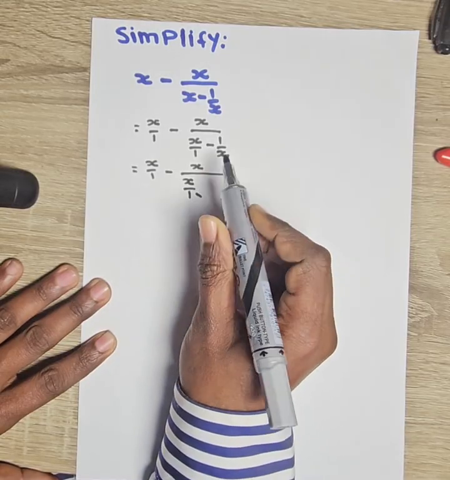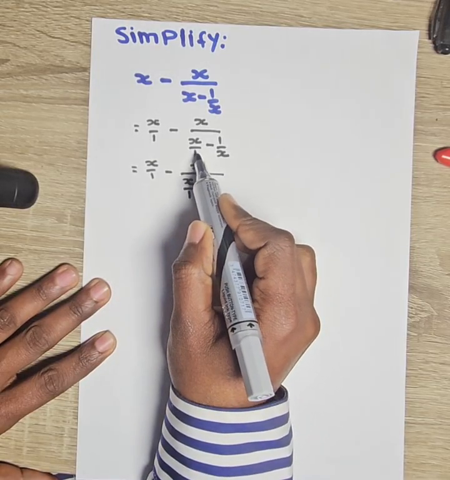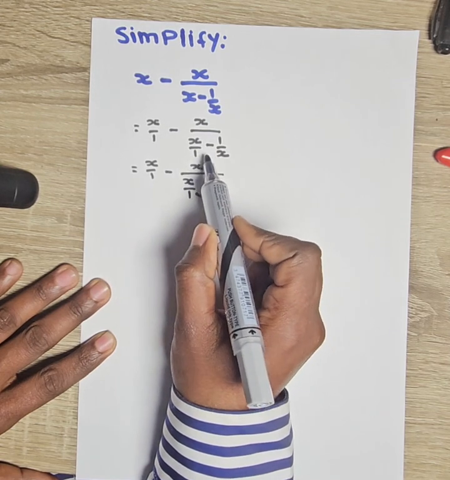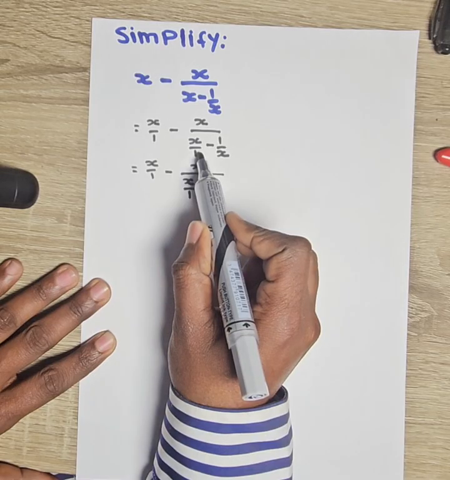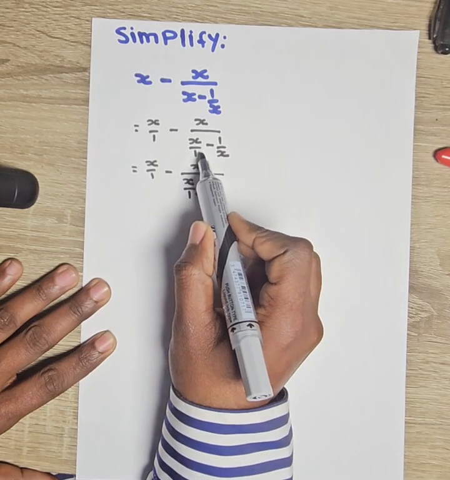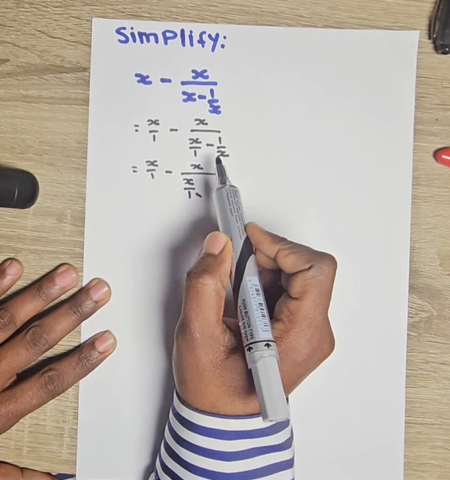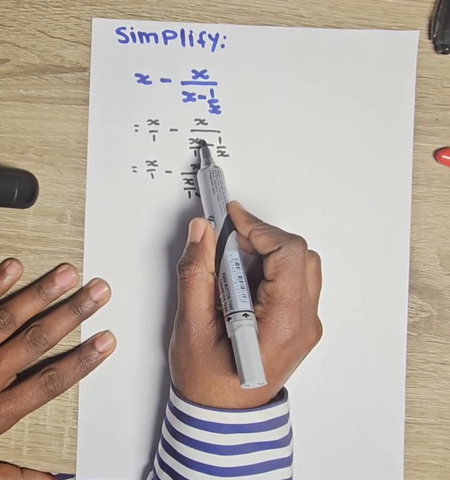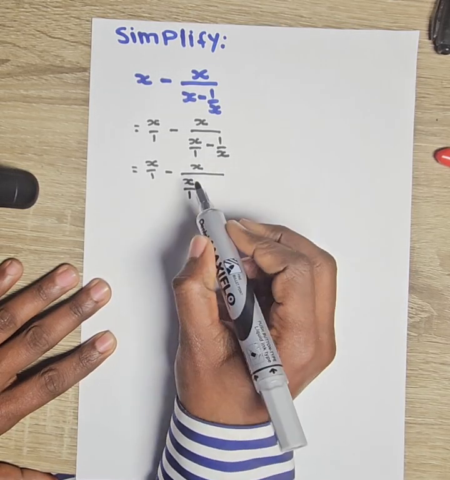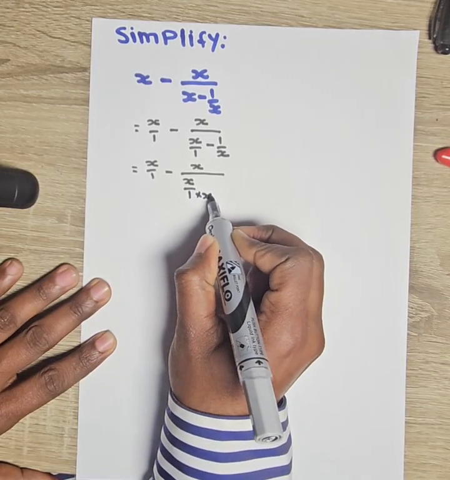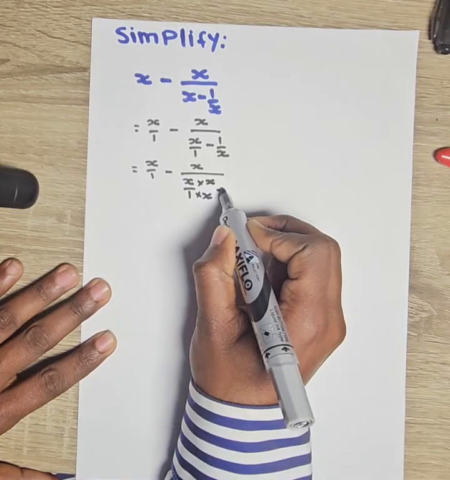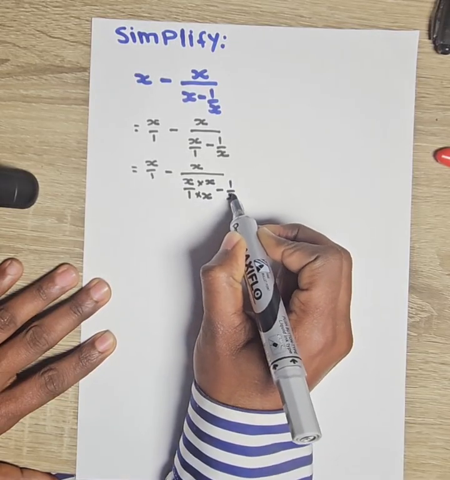Then I see the difference is only that the first fraction has got 1. That means I will multiply by x in order to have x here too. And remember, whatever you do to the denominator, you must do to the numerator. Therefore, times x, and here on top, times x minus 1 over x.